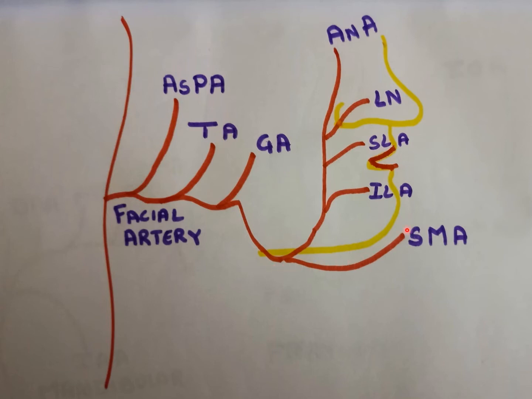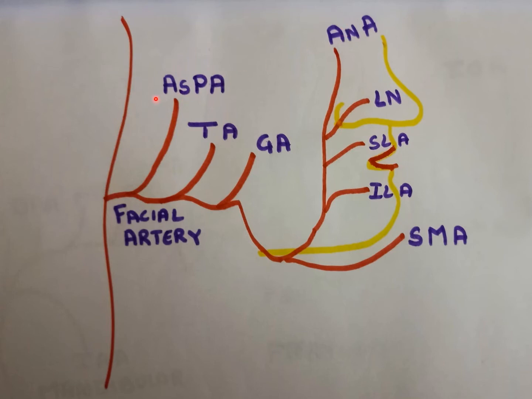Then goes submental, inferior labial, superior labial, lateral nasal and then angular artery. Remember these at a stretch and on the profile these arteries at once. Then it will be easy. So the facial artery is further dividing into ascending palatine, tonsillar, glandular, submental, inferior labial, superior labial, lateral nasal and angular arteries.